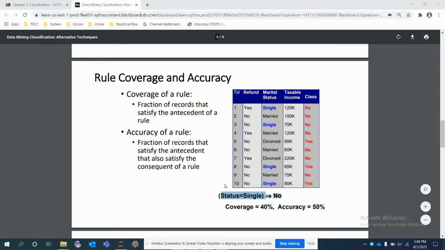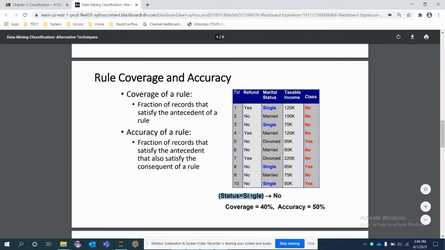In terms of that, let's take status equals single, which is termed as capital A, and D will be the given data set, the number of instances in the whole data set.